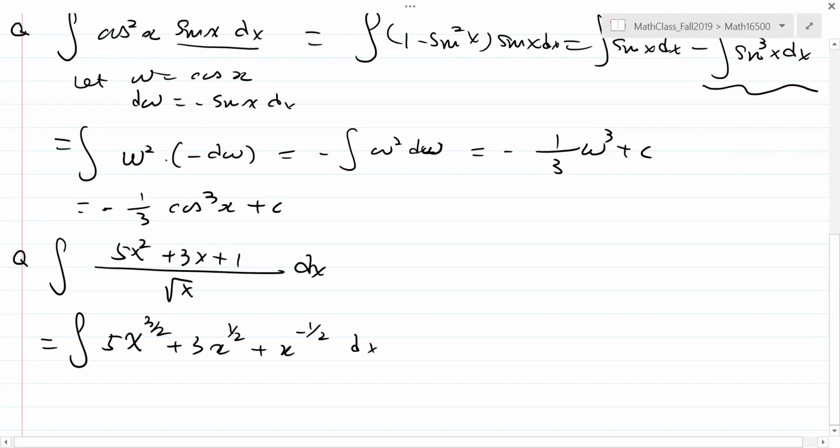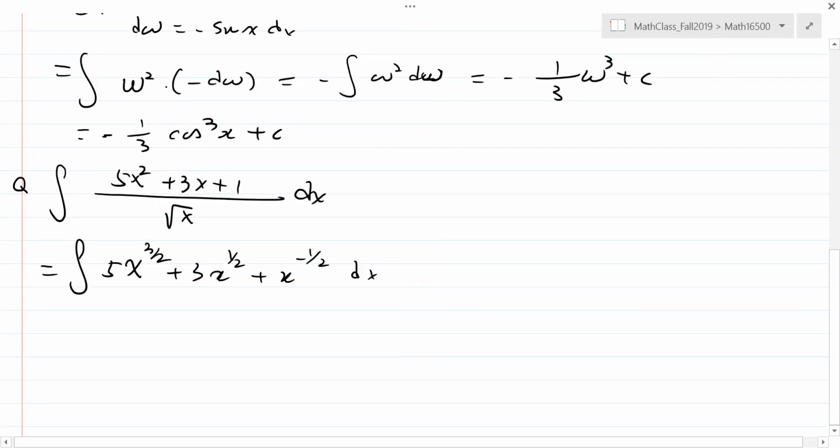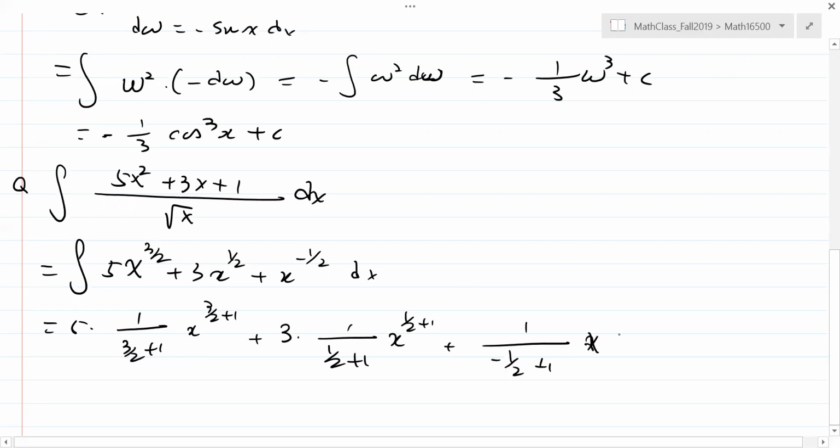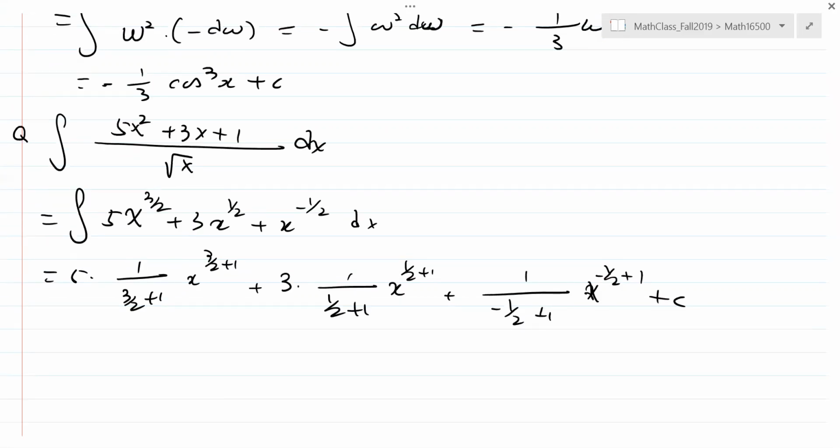Then you can evaluate the integral. You can easily find an antiderivative of each of the functions. So it's 5 times 1 over (3/2 plus 1), x to the 3/2 plus 1, and here 3 times 1 over (1/2 plus 1), x to the 1/2 plus 1, plus constant. Then you simplify it.